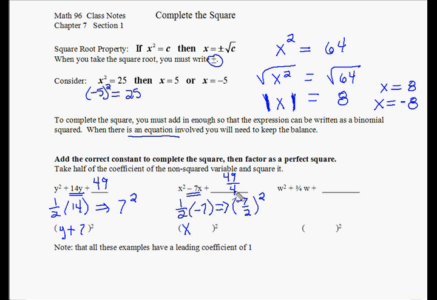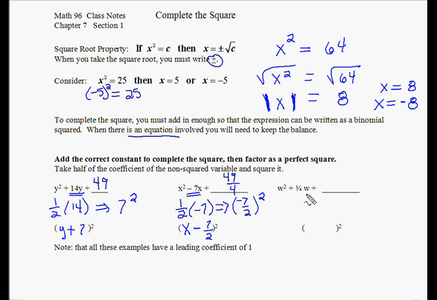If I break down 49 fourths, I'll get 7 halves. I'll check the signs. This is a plus, they're the same, but this is a minus, so they're both minus. So here I have a perfect squared trinomial. Notice that this number inside here, when I'm squaring it, is half of that leading coefficient of the non-squared variable.